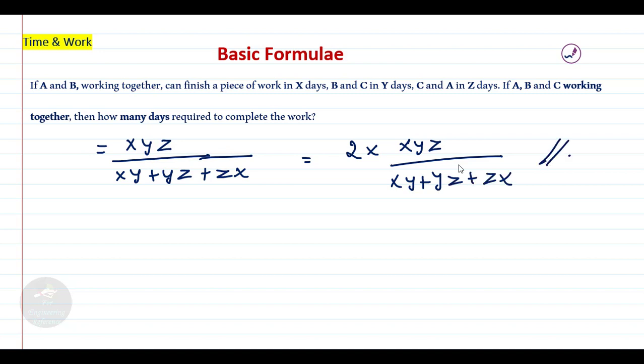This is the formula when our input is given as A and B working together, B and C working together and C and A working together. If our input changes, then the formula will also change. These are the 3 basic important formulas which we need to know for the time and work concept. Based on these 3 formulas, we can have problems.